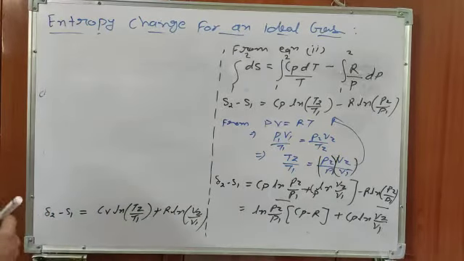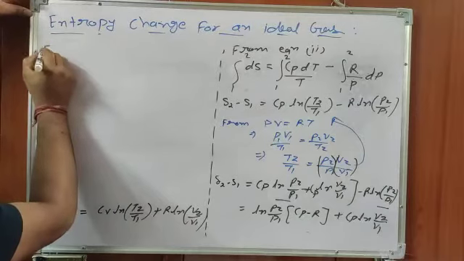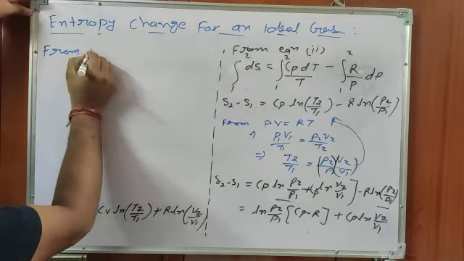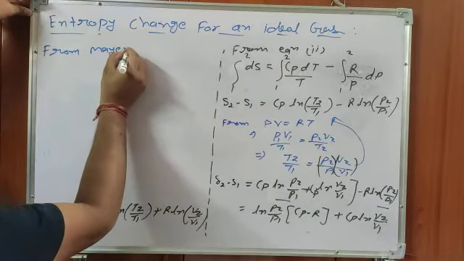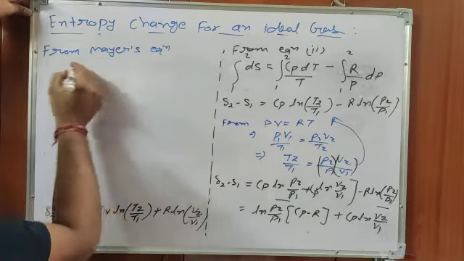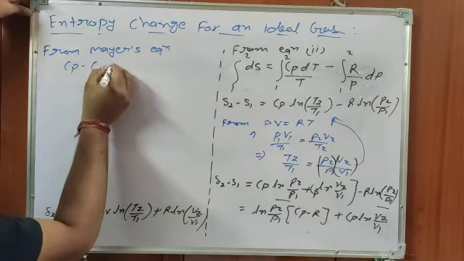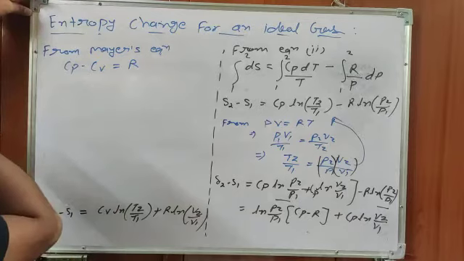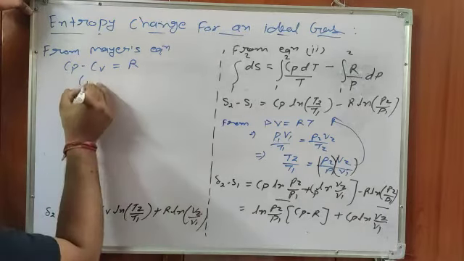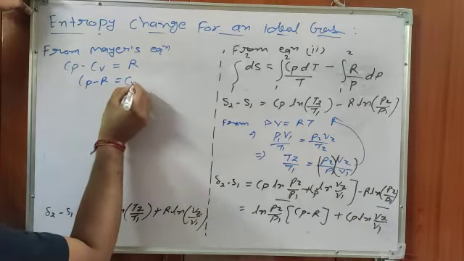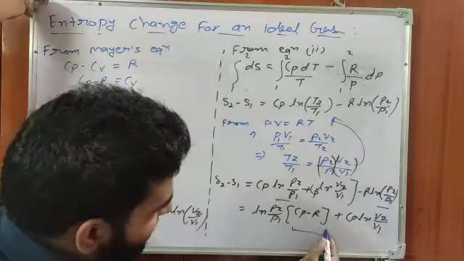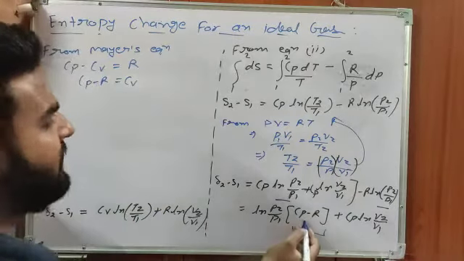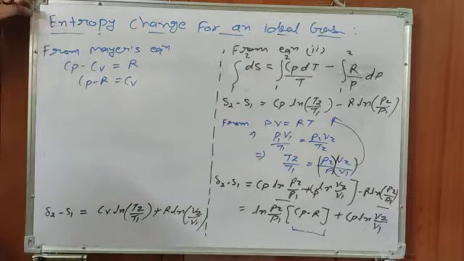Now, from Mayer's equation, you know that Cp minus Cv is equal to R, or Cp minus R is equal to Cv. Here we have the term Cp minus R, so in place of it you can write Cv.